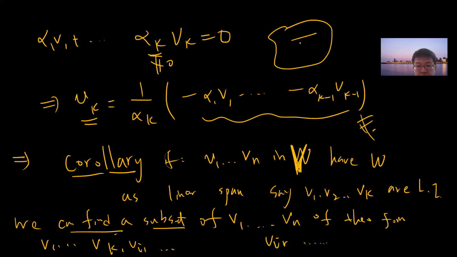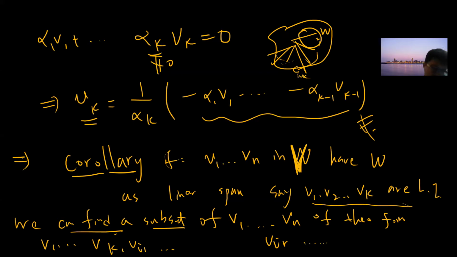So basically, you take n vectors, and you take another subspace W. If the first v1 up to vk are linearly independent, then you can find a subset of v1 up to vn, so you can extend the vectors you have, such that the linearly independent elements have linear span W. Let me just write the equation.